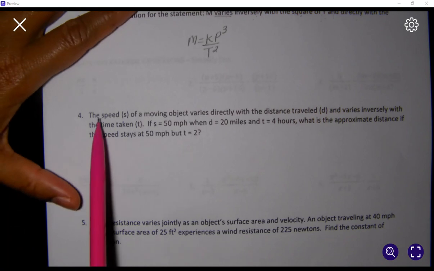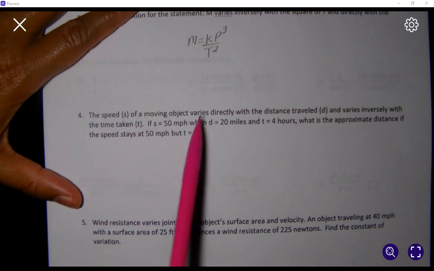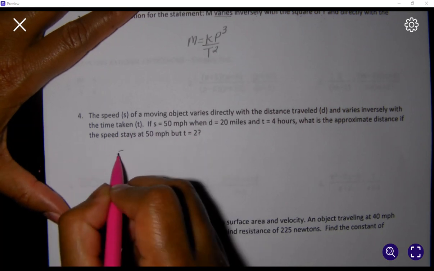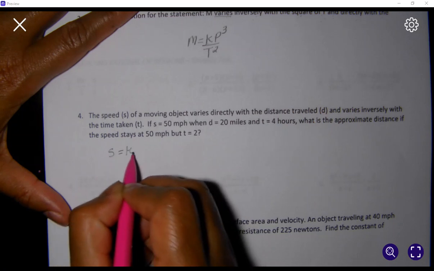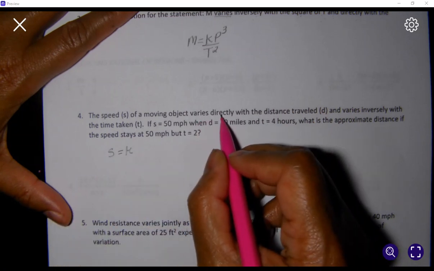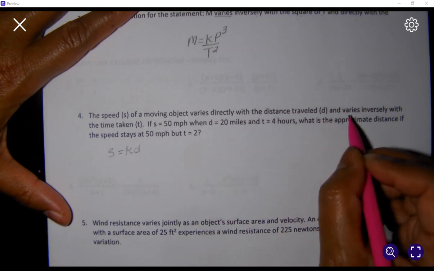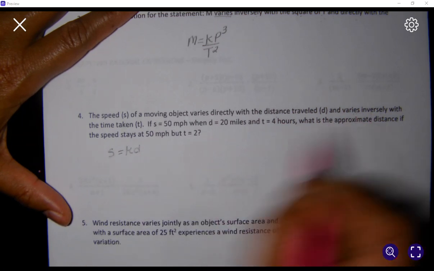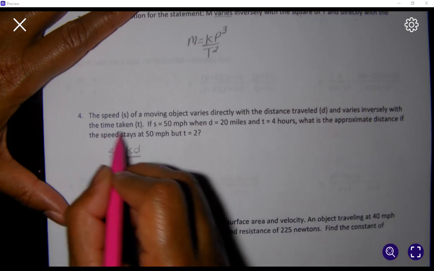Number 4, the speed s of a moving object varies, so equals k. So what equals k? S equals k. Varies directly with the distance traveled, so directly means multiplication, and then also varies inversely, so still you have the inversely with the time t.